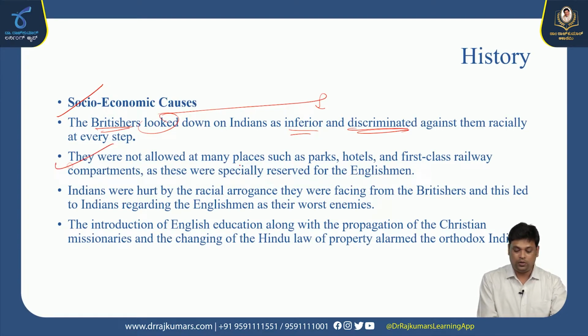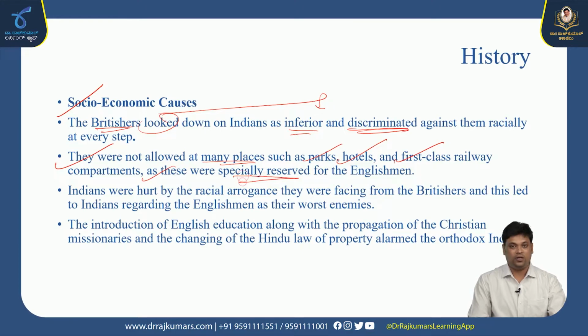Indians were not allowed in many places such as parks, hotels and first class railway compartments, as they were reserved only for Englishmen, not for Indians. Indians were hurt by the racial arrogance of the British, and this led to Indians regarding Englishmen as their worst enemies. So this created enmity between Indians and the British.